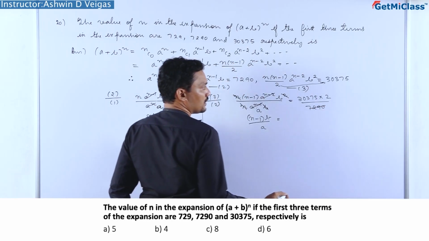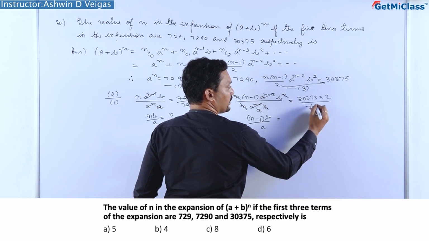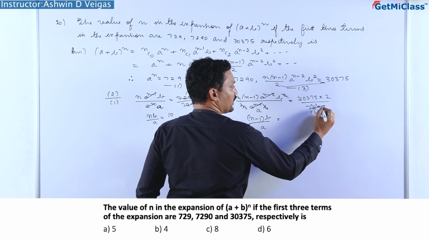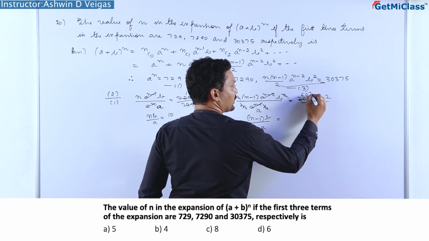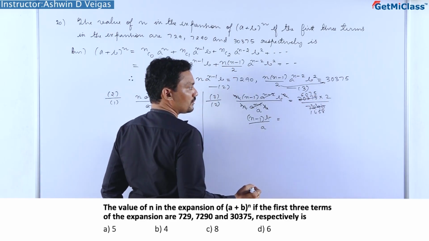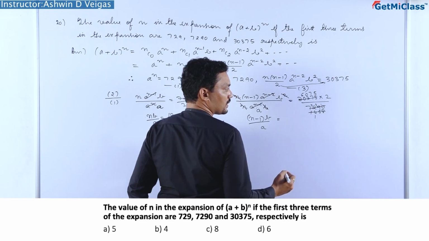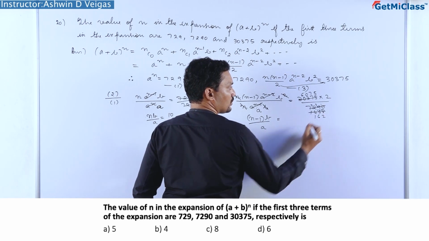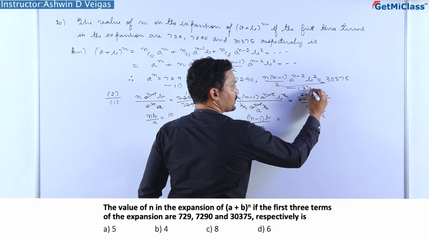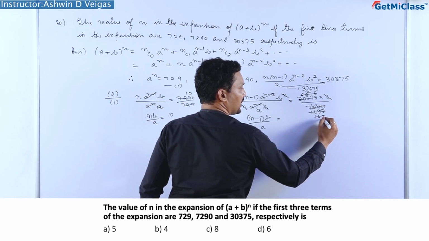Here we will cancel 5, then we can cancel 9, and then again 2 goes 81 times.